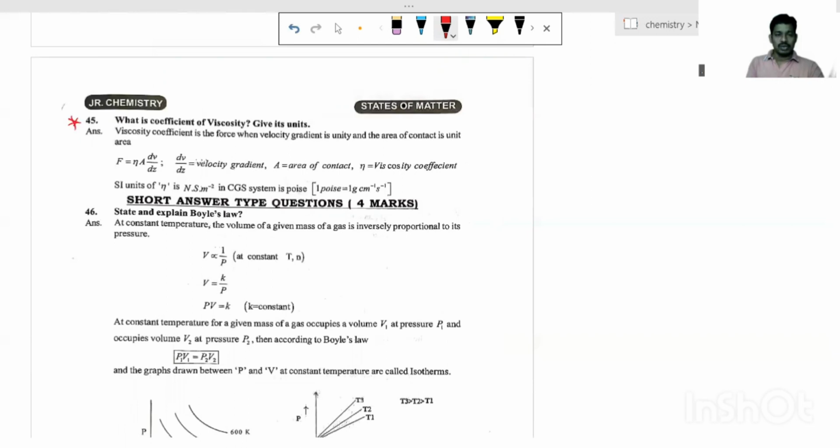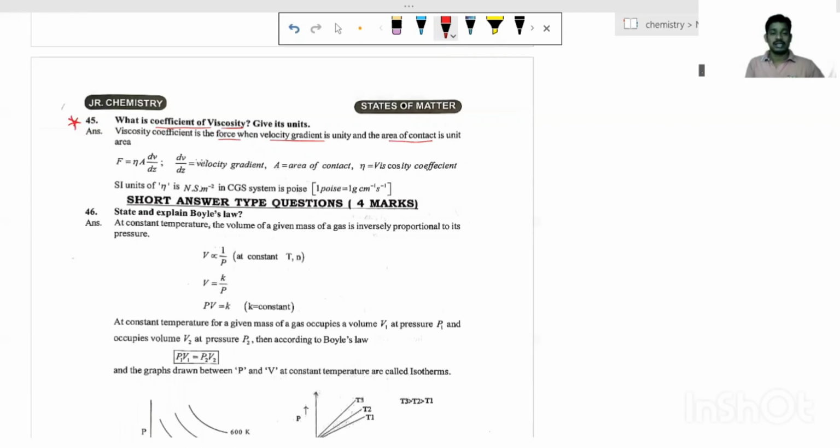Next, the 45th one. What is the coefficient of viscosity or viscosity coefficient, and give its units? The viscosity coefficient is the force when the velocity gradient is unity and the area of contact is unit area.